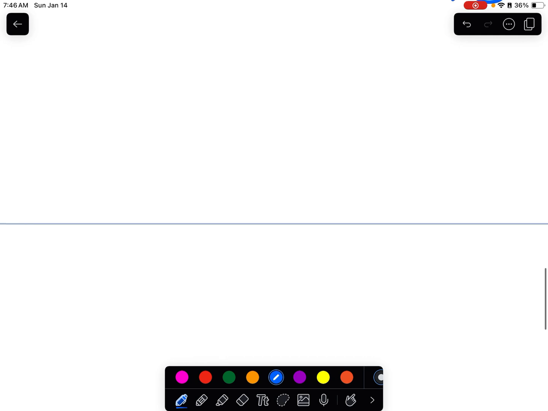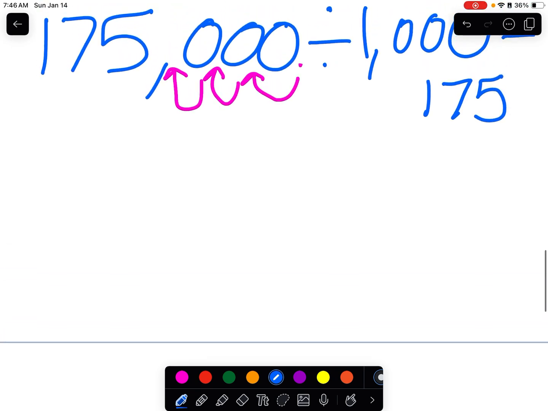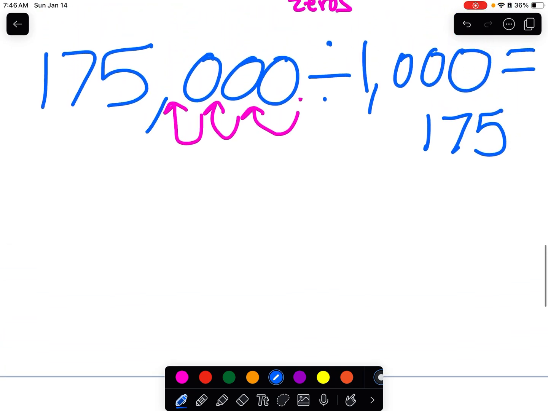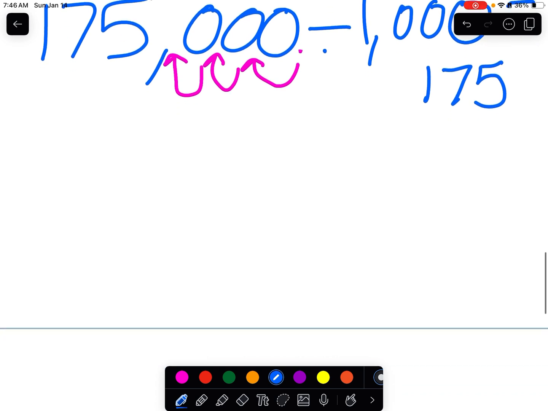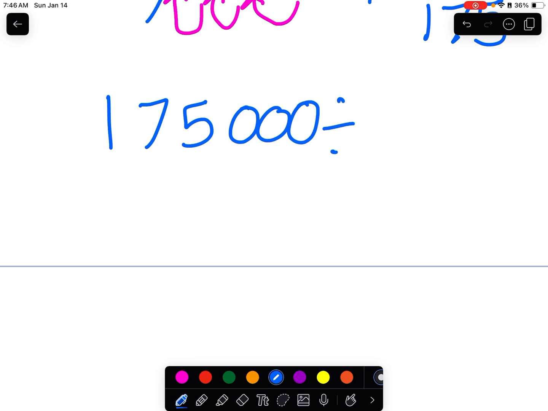Now, there is one other tactic that some people find easier to work with. Let me tell you what it is. We'll take the same number, 175,000, and we're going to divide it by 1,000.